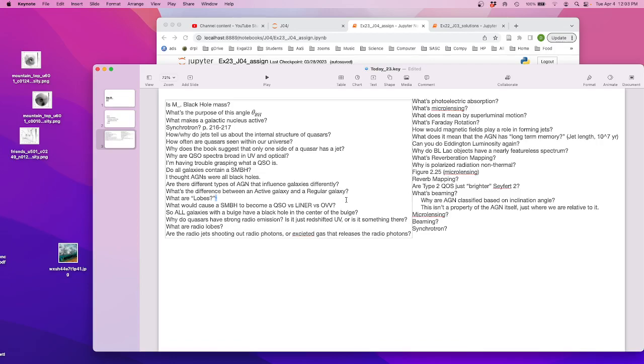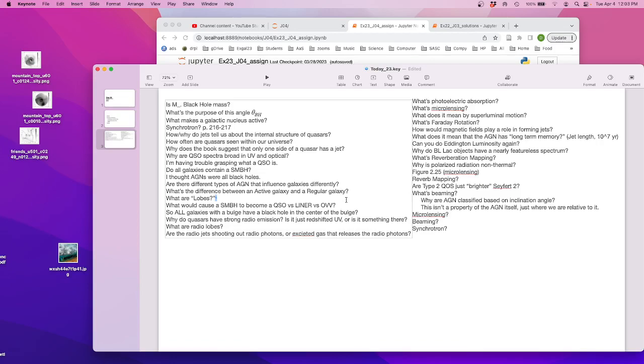It's got a jet. That jet blows stuff out and it fills up a cavity. These are the lobes. Sometimes the lobes are detached like this. Sometimes they're attached like that. Sometimes they're shot out a long way before they start to run into the medium.